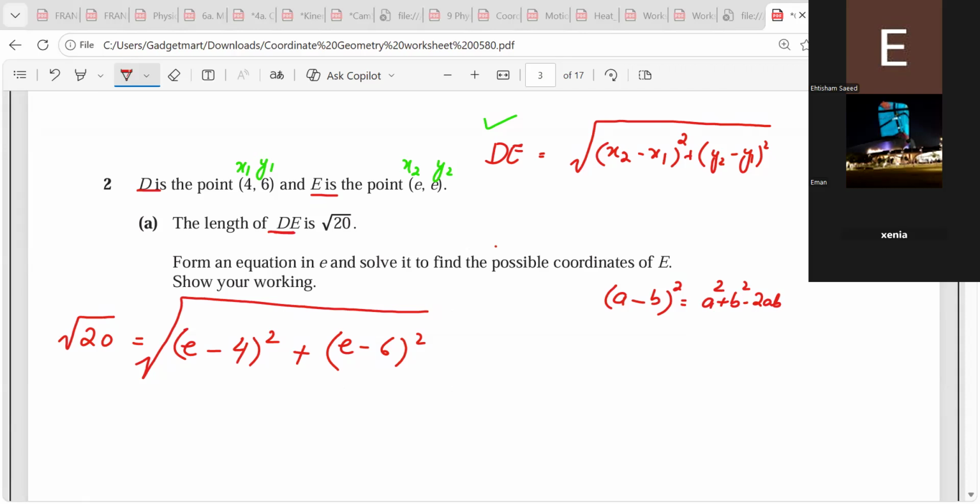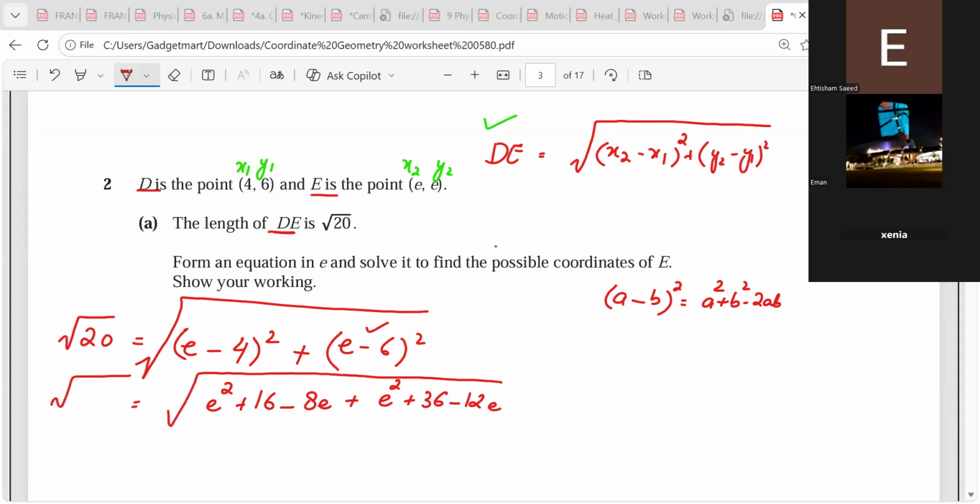So using this identity, it would be e square plus 16 minus 8e. And same goes with this as well. This will be e square plus 36 minus 12e. And I'm having root on it. Okay?